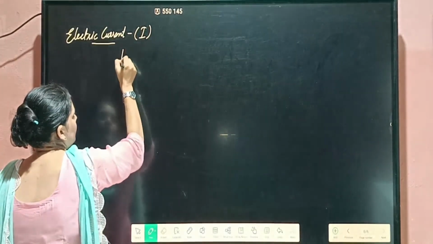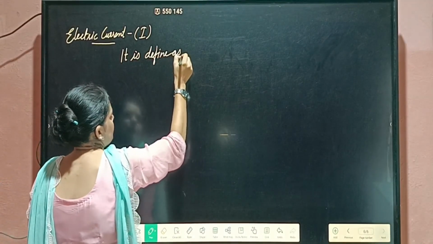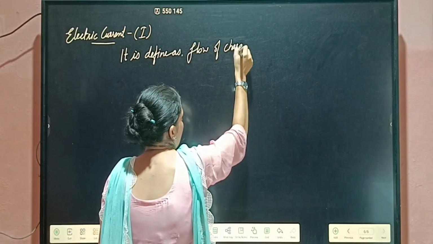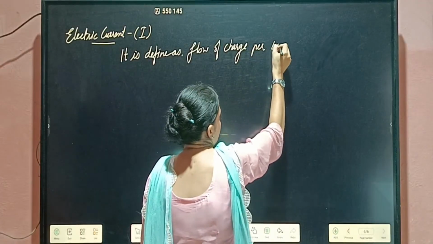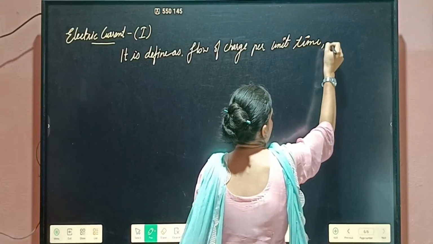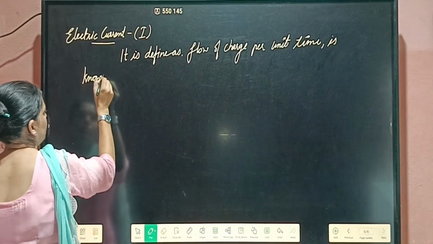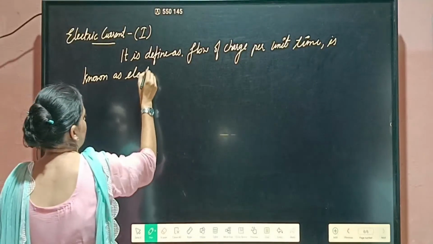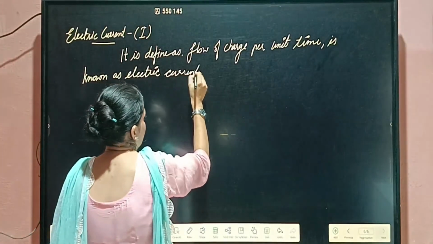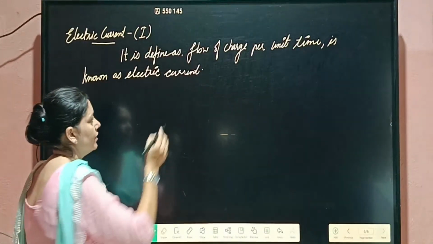It is defined as the flow of charge per unit time, and that is known as electric current. Clear? The charge that flows in how much time, that we will call electric current.